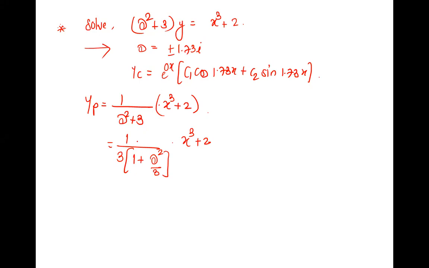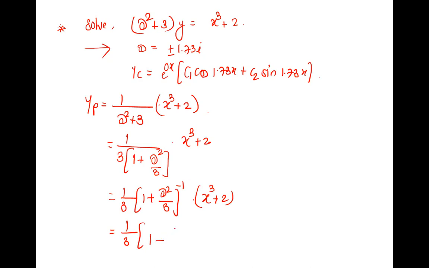Take it up, write the inverse. 1 plus, what has come. So there is 1 by 3 as it is. It goes up: 1 plus d square by 3 inverse on x cube plus 2. Now it will expand. 1 plus x inverse, what is the formula? 1 minus x plus x square minus x cube.